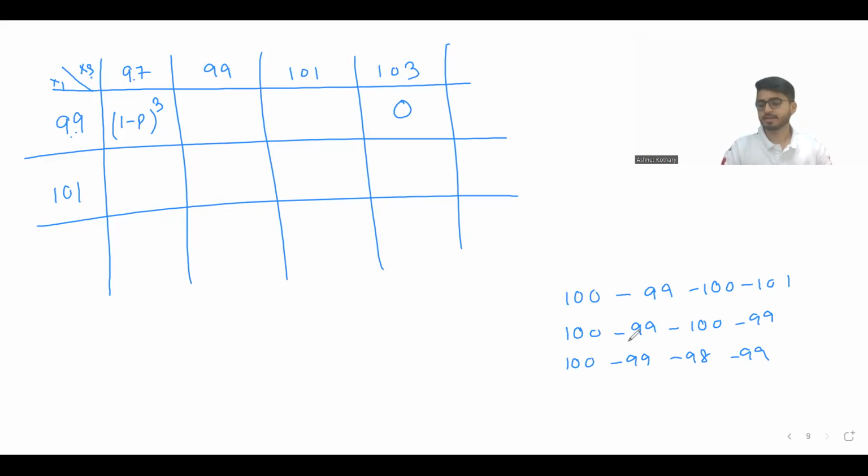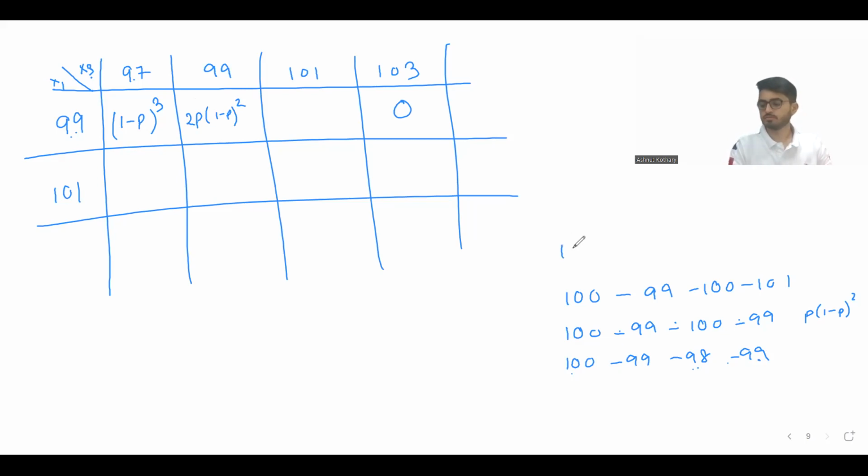These are the ways in which X1 will be 99 and X3 will be 99. The probability is p into (1 minus p) whole square. Similarly, 100 to 99, 99 to 98 is (1 minus p) whole square into p. So what I'm left with is 2p (1 minus p) whole square.